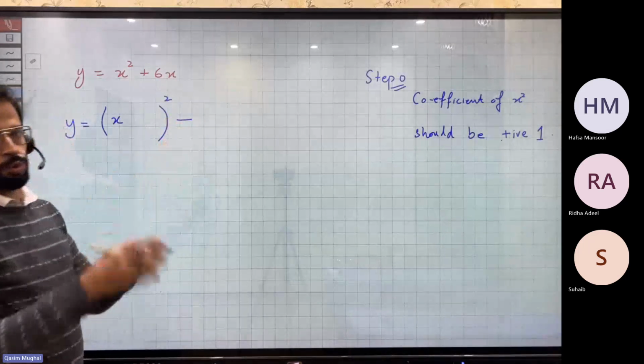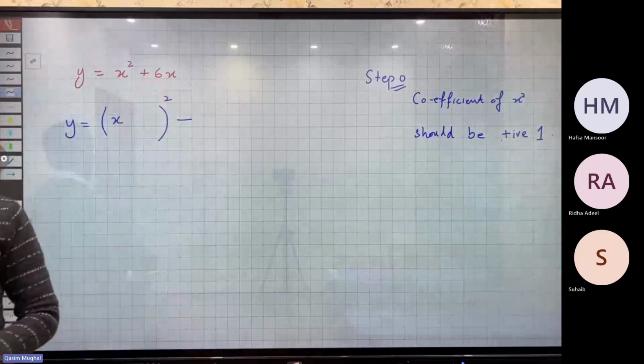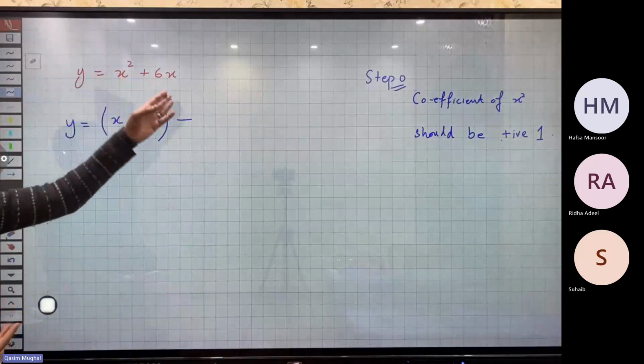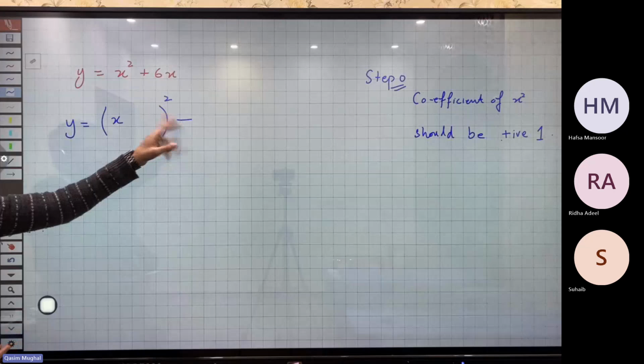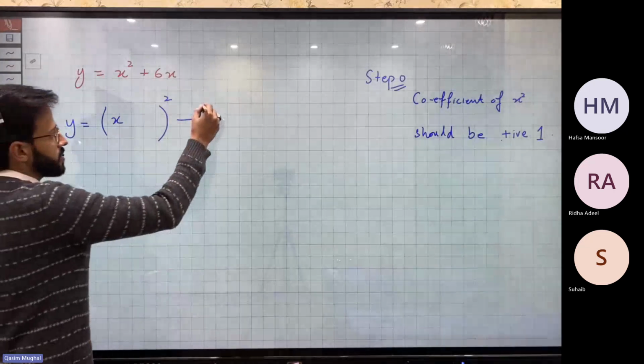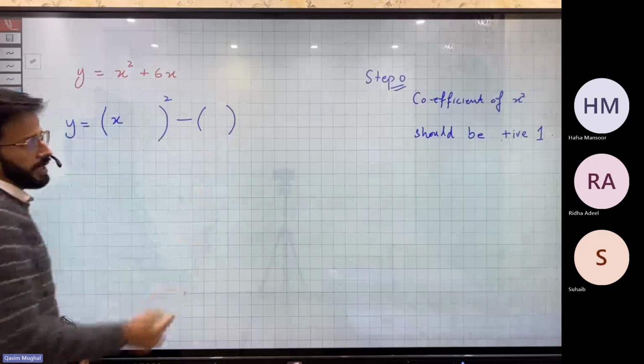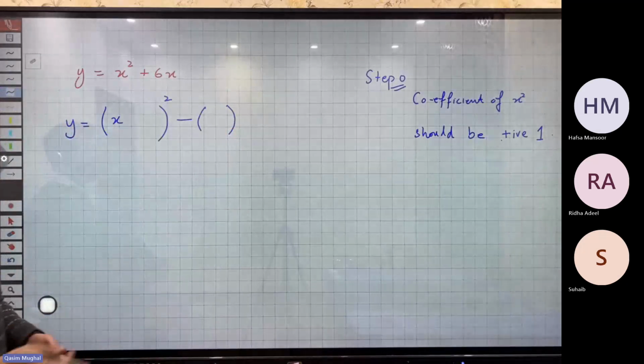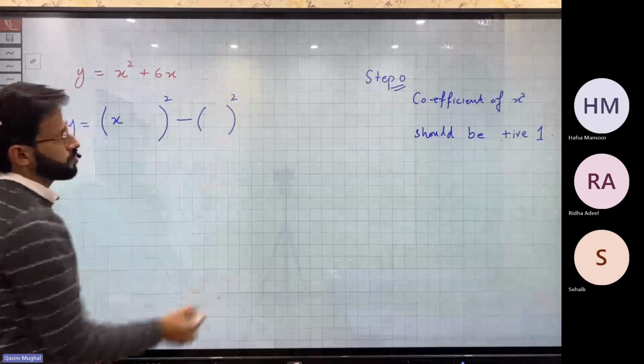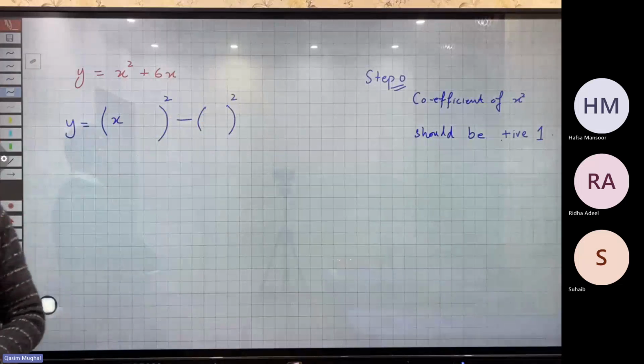This minus sign comes all the time, no matter what signs or numbers you're dealing with up there. Then bracket close, bracket open, a space for a number, bracket close, and then whole square. So this thing you have to do all the time.